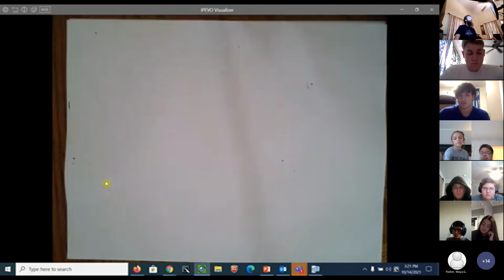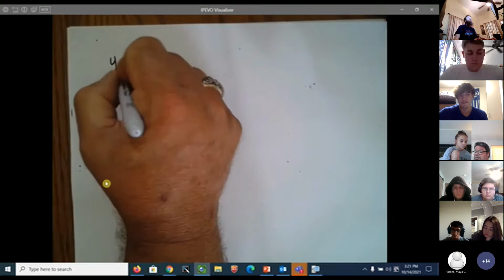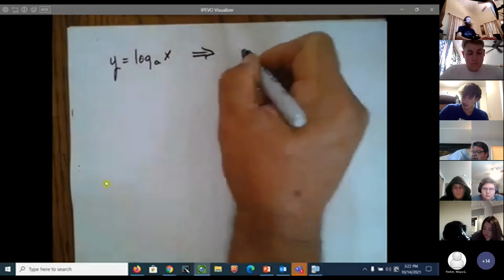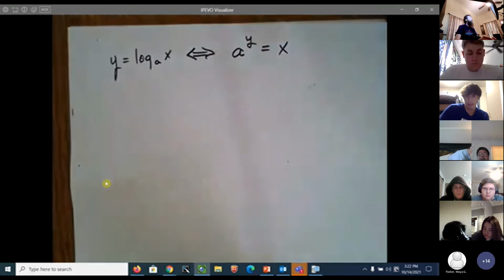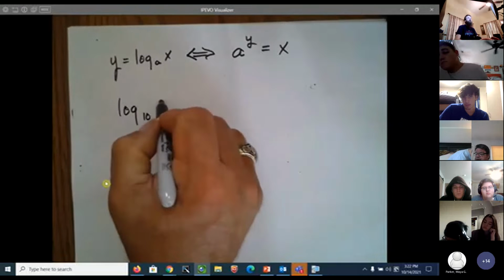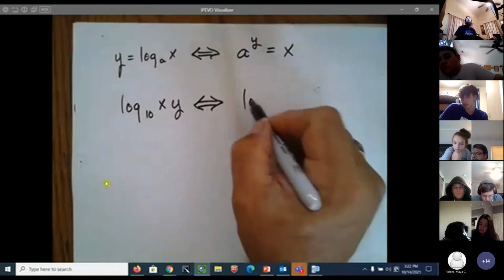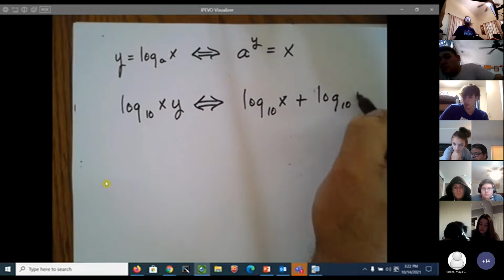Your logarithmic rules, the definition of a logarithm. Y is equal to log base a of x yields a to the y is equal to x. That's the definition of a logarithm. You should not have forgotten that one. That one is detrimental. Product rule, log base 10 of xy can be rewritten as log base 10 of x plus log base 10 of y.